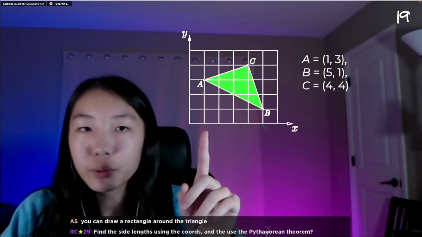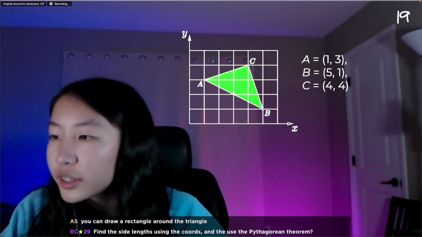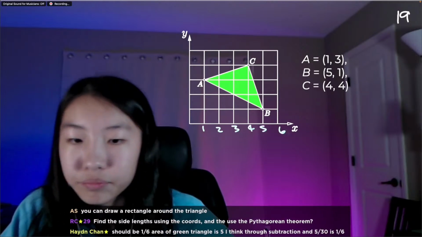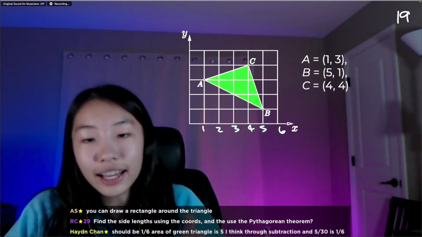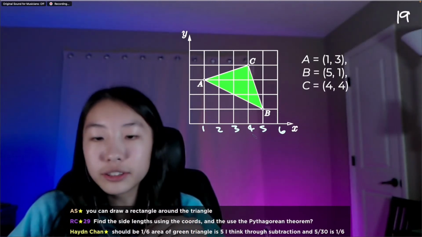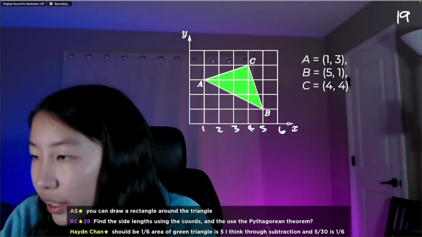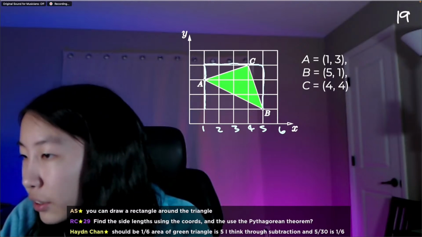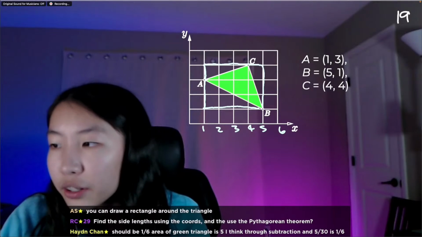And what's nice about this coordinate system, it's going up by 1 each time. So it's going to be 1, 2, 3, 4, 5, and 6. And exactly as AS says, you can draw a triangle, or actually a rectangle around this green triangle. Because in math competitions like these, we value right triangles so much because of how easy they are to calculate in terms of area.